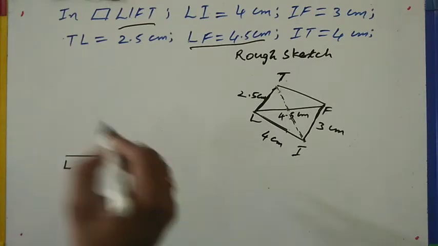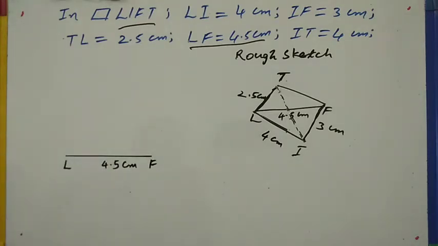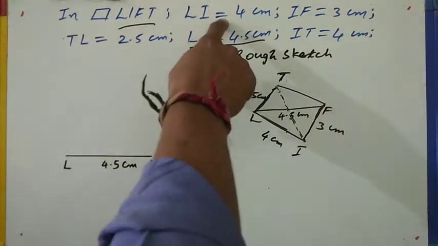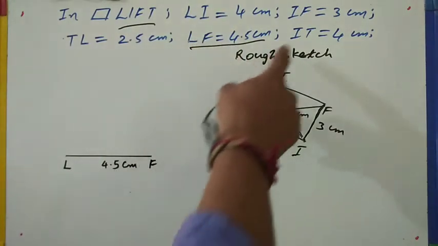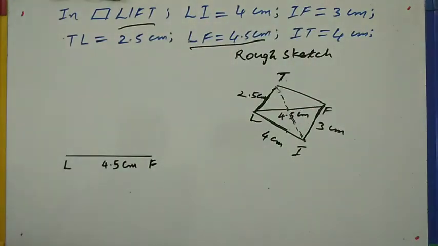Now, after drawing this line segment LF, I am given two sides called LI side and IF side.